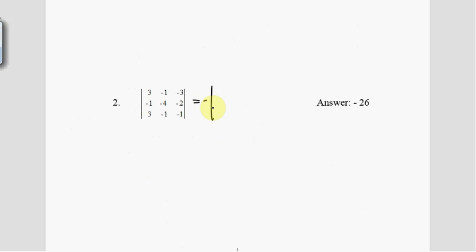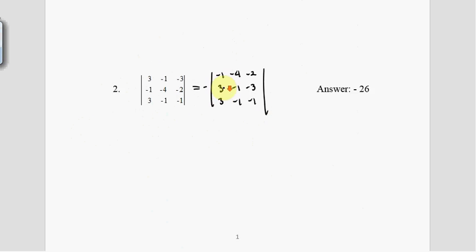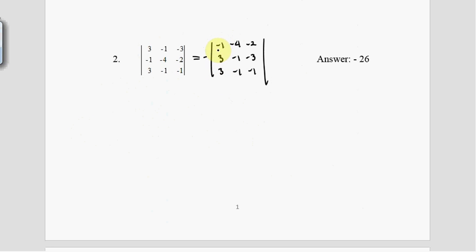When you interchange rows for the determinant, you negate the determinant. We can use that negative to our advantage. So we just say 3 times row 1 plus row 2, and then 3 times row 1 plus row 3.